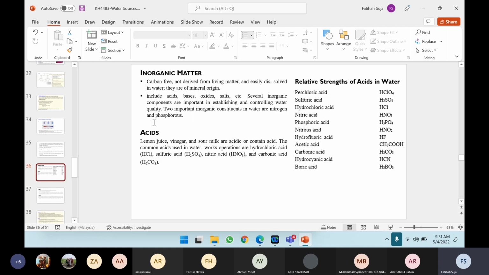And also we have inorganic matter like acids: lemon juice, vinegar, sour milk. So this is the relative strength of acids in water, based on the dissociation of hydrogen ions in water.